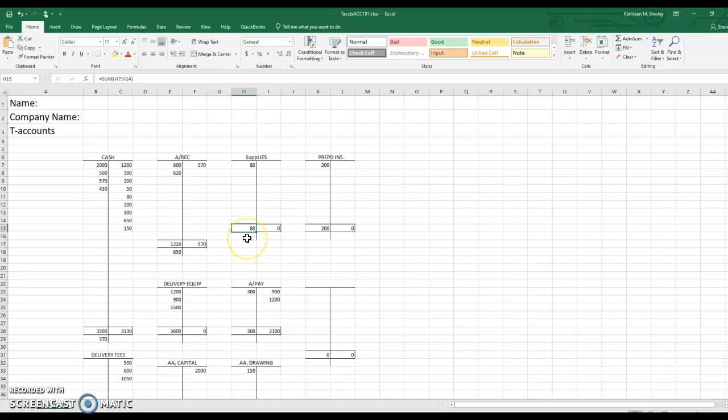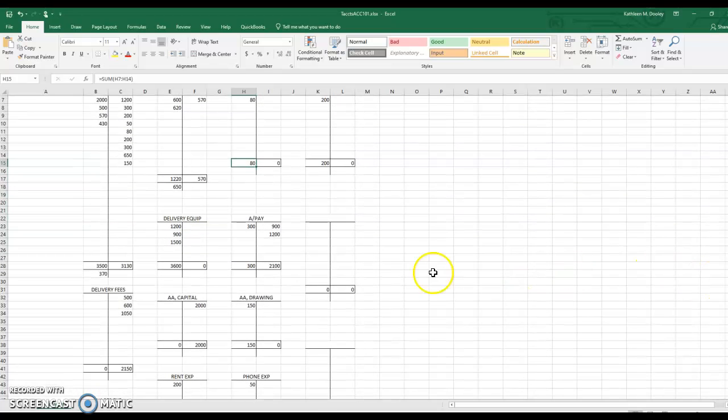And I don't need to rewrite the $80 down a second time. Okay, it's clearly $80 is the debit balance. Same thing here with prepaid insurance. It's clearly a $200 debit footing and a $200 debit balance. Delivery equipment also only has stuff on one side, so clearly it's a $3,600 debit balance.